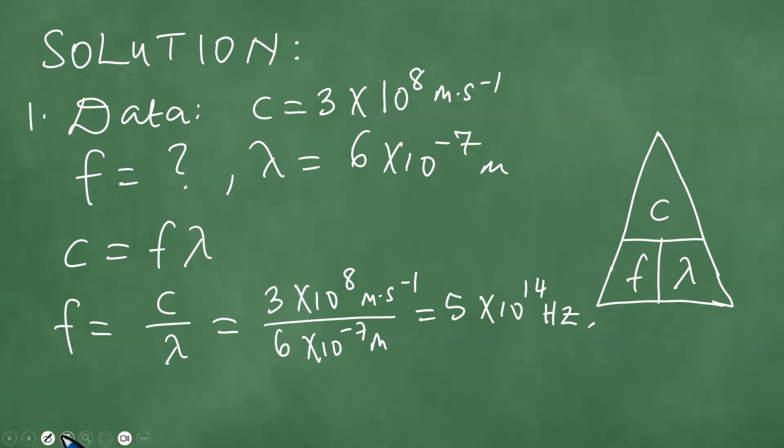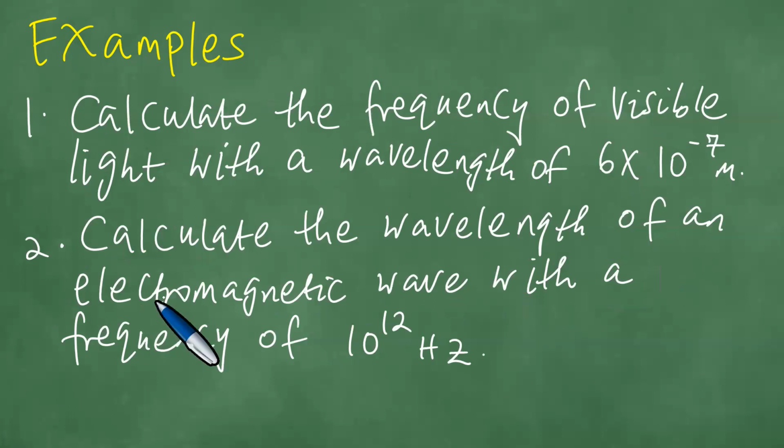Right, let's look at number 2 now. Number 2 says calculate the wavelength of an electromagnetic wave with the frequency of this. So let's look at the second option. Right, in the second option, obviously you deal with the data.